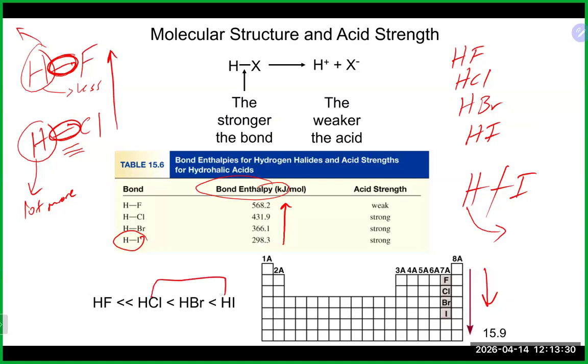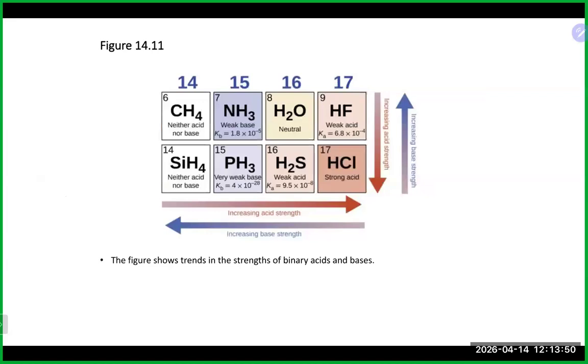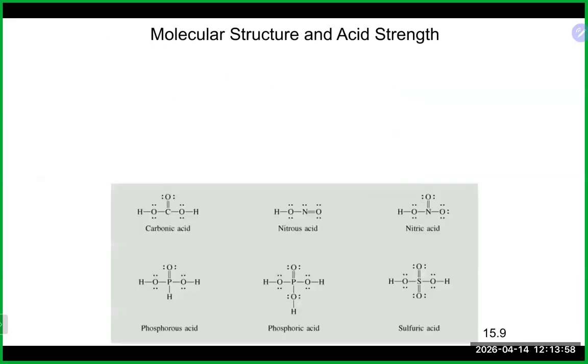That's why these three are on our list of 6 strong acids, because the hydrogens can come off a lot easier than going the other way. And that is opposite of the electronegativity trend, which increases as you go up the group, right? So in this case, we look at bond enthalpy. You could also see that from this slide from your book, again, increasing acid strength going down and to the right.